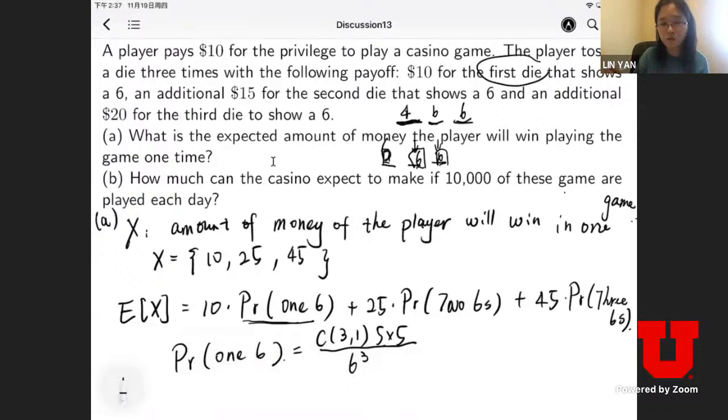Any other question? Okay, then we need to calculate the probability that we have two 6s in this game.